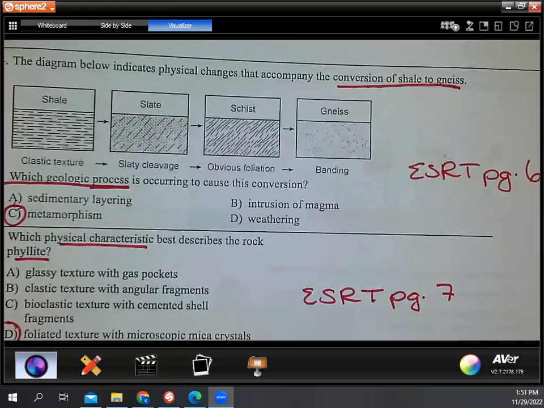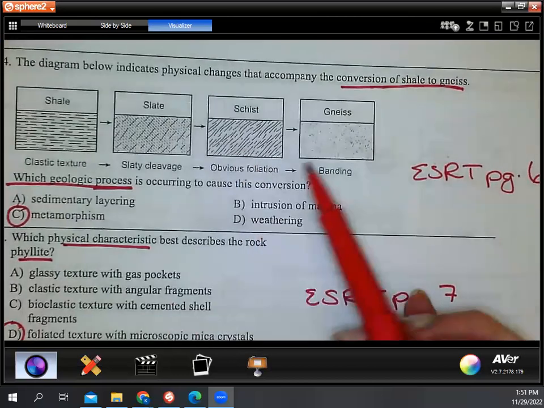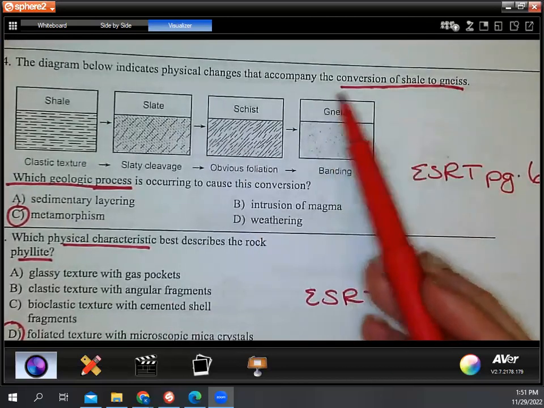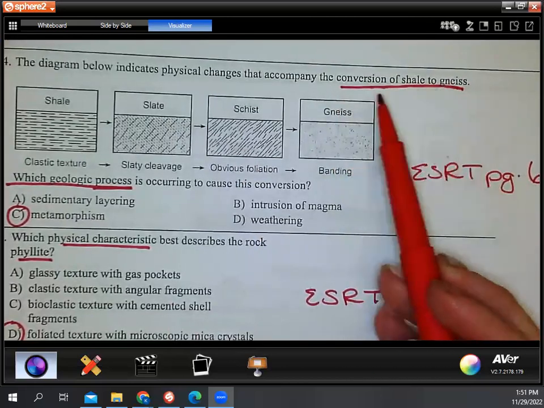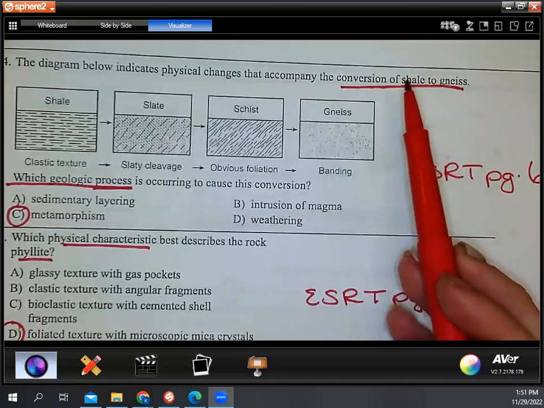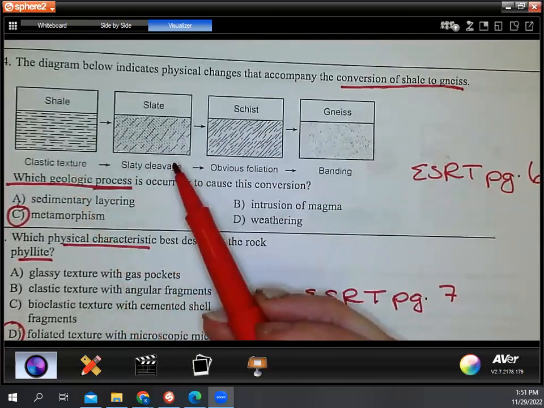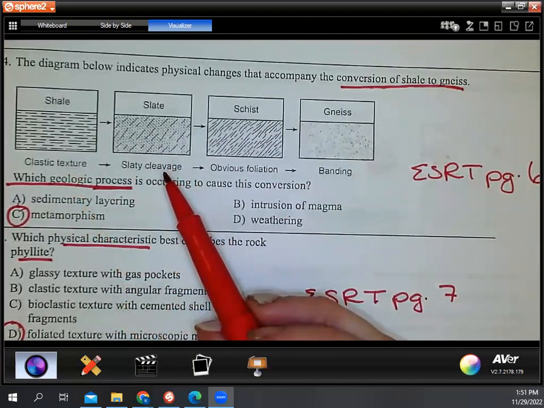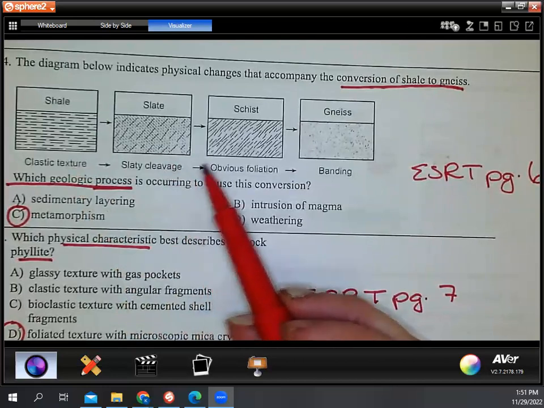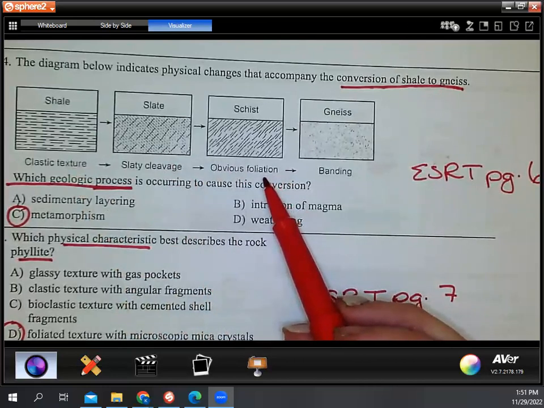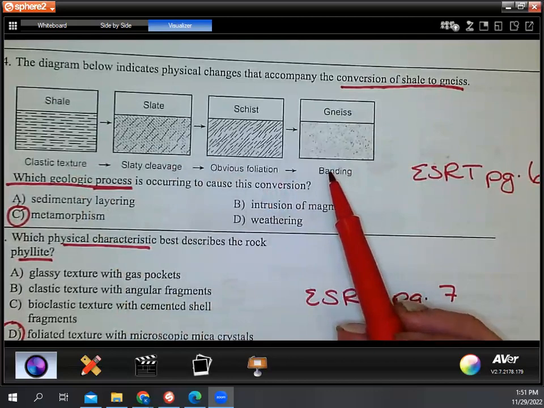Question 14. The diagram below indicates physical changes that accompany the conversion of shale to gneiss. That's important because it tells us that this rock is going through a change. If I want to know how to go from shale to gneiss, I start off with a clastic rock. It becomes slaty cleavage. It becomes obvious foliation. It becomes banding.